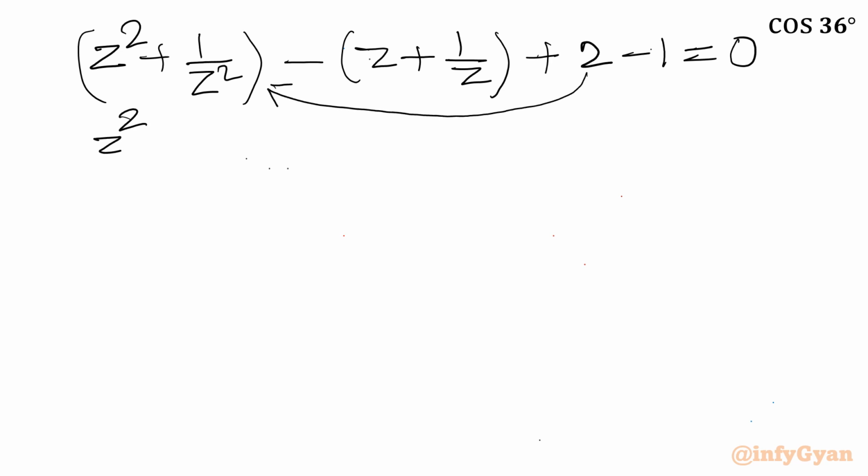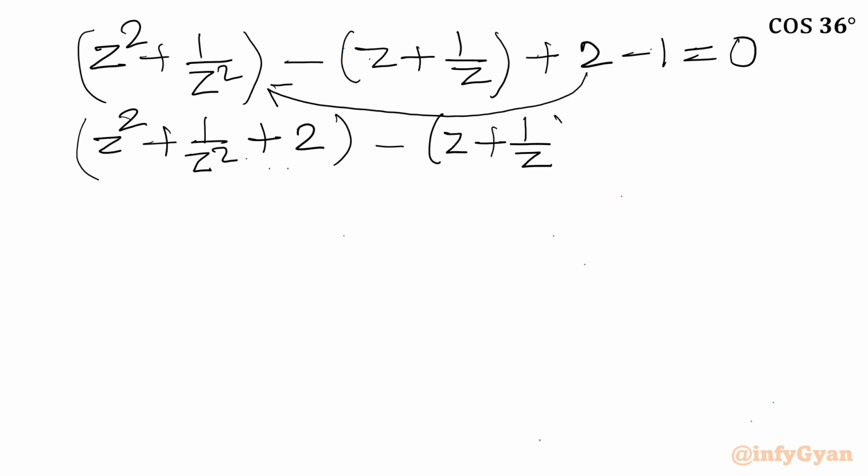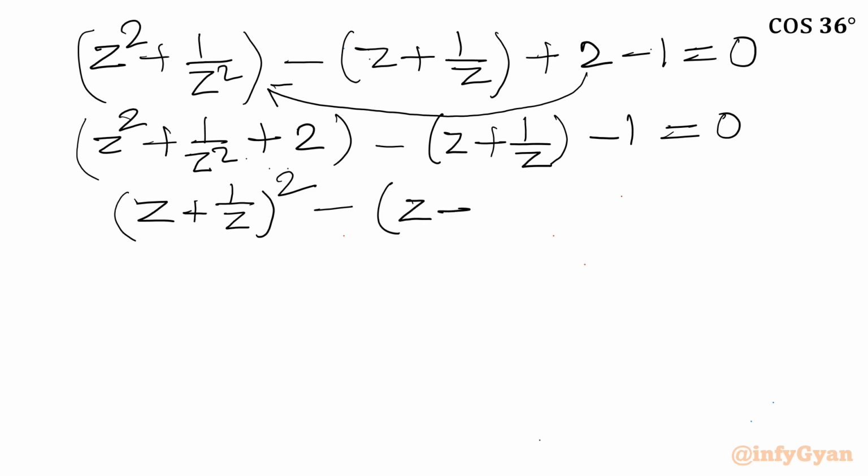So z square plus 1 over z square plus 2, minus z plus 1 over z, minus 1 equal to 0. Now this is the whole square of z plus 1 over z, minus z plus 1 over z, minus 1 equal to 0.